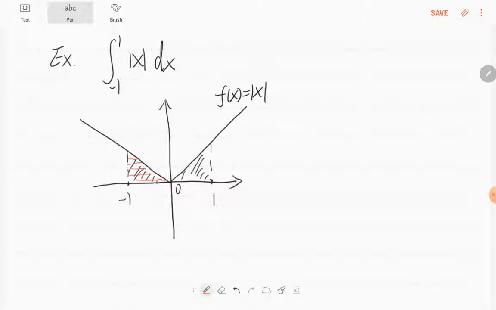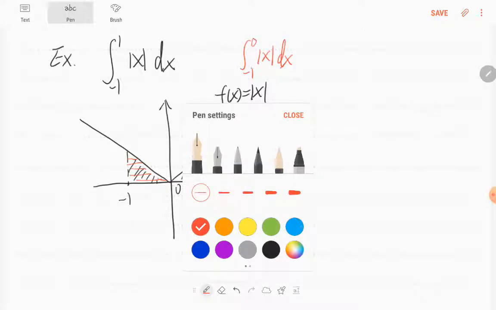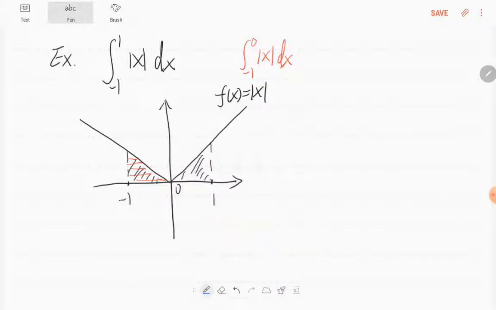Here is 0. So it's actually this red region, which is the integral from -1 to 0 of the absolute value of x dx. Then the blue region is the integral from 0 to 1 of the absolute value of x dx.